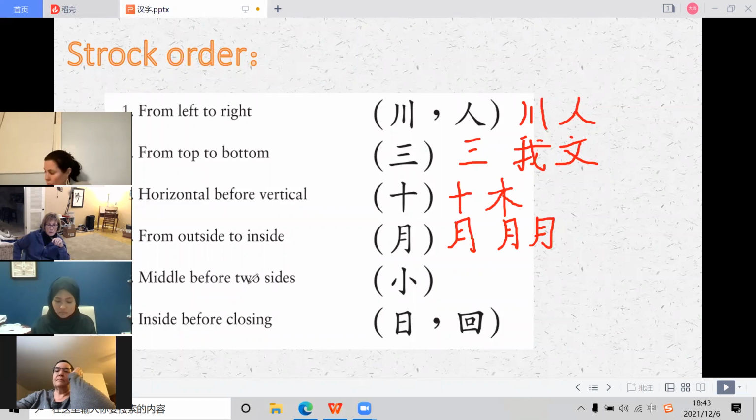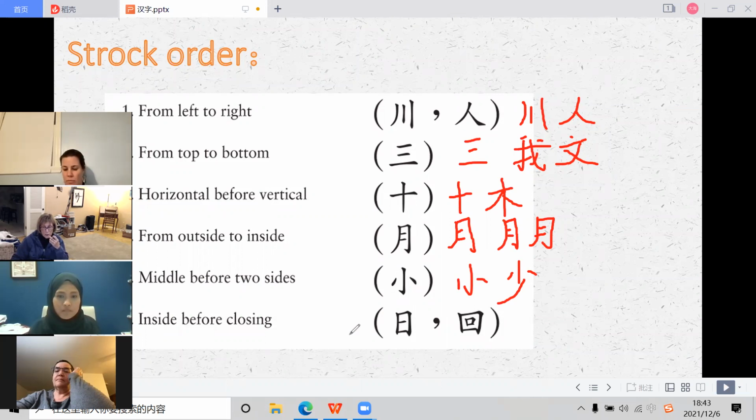And the fifth rule, middle before two sides. For example, this 小, small, 少, little. From middle to two sides.